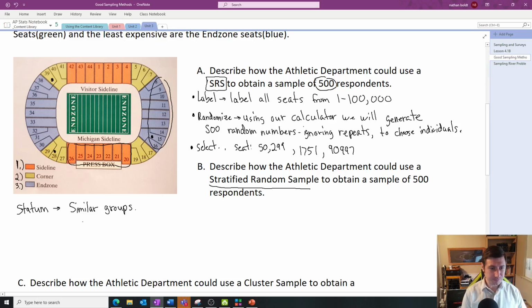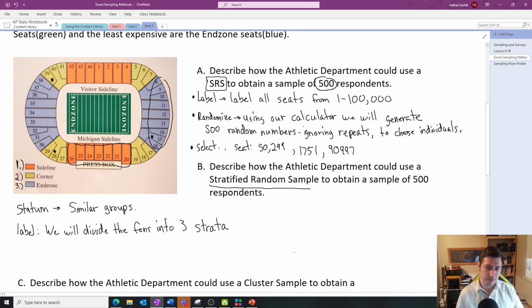So, label. We will divide the fans into 3 strata. Plural is strata, singular is stratum, because that makes sense.